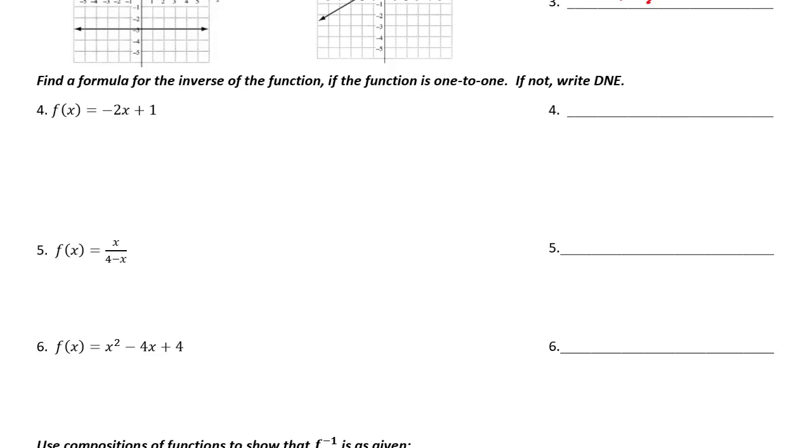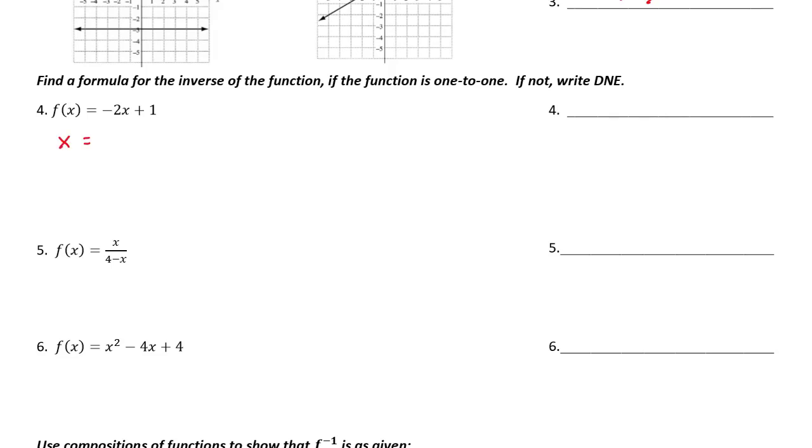So anyway, number 4, it's a linear function. It's coming down the page because of the negative slope the entire time. So since it's always doing the same thing, remember one-to-one was either always increasing or always decreasing. I think I just said it was only increasing, but it could always be decreasing as well and still maintain being one-to-one. So this one is one where I could swap the x's and y's.